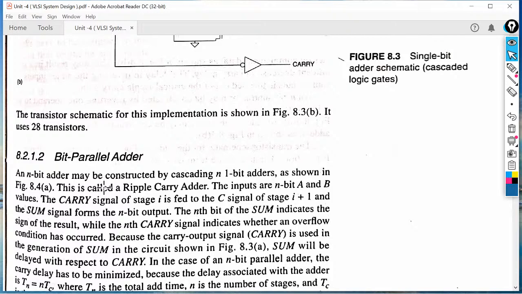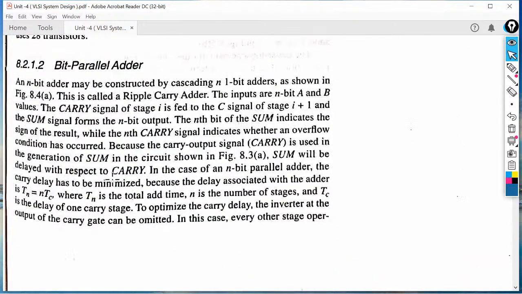So in the designing of the circuitry, if speed is the main consideration, if you are a designer and you need to design a circuitry for some third party, and the main consideration for the third party is that you need to speed up the circuitry, at that time you should follow this type of parallel adder, because when we design the circuitry by using the parallel adder, you will get the higher speed as compared to serial adder.